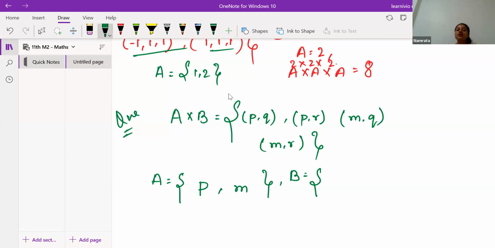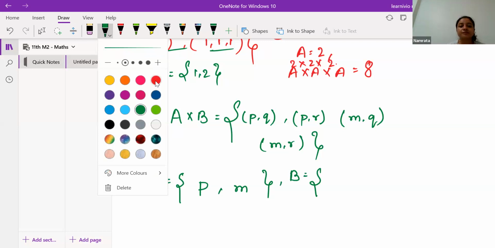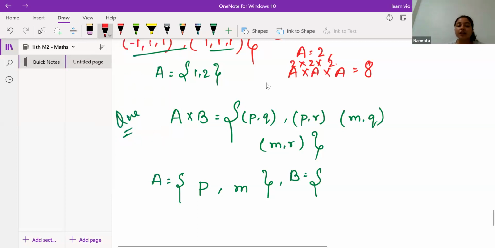Whenever we are having A cross B, the first element must be from A, right?